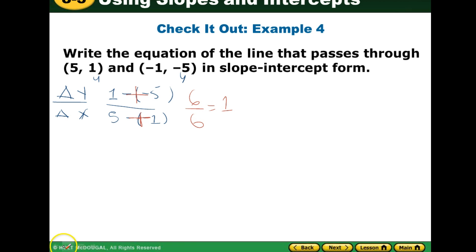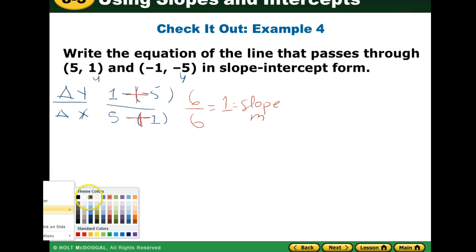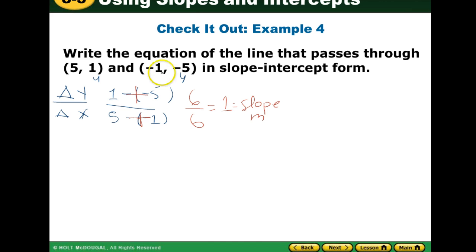So I got my slope, or m. The next thing I need to figure out now is the y-intercept. So remember the formula, y = mx + b. Now I already have the slope, so now I can use one of these points to find the y-intercept. I'm going to use again (5, 1), the first point, because there's no negative to really mess me up.